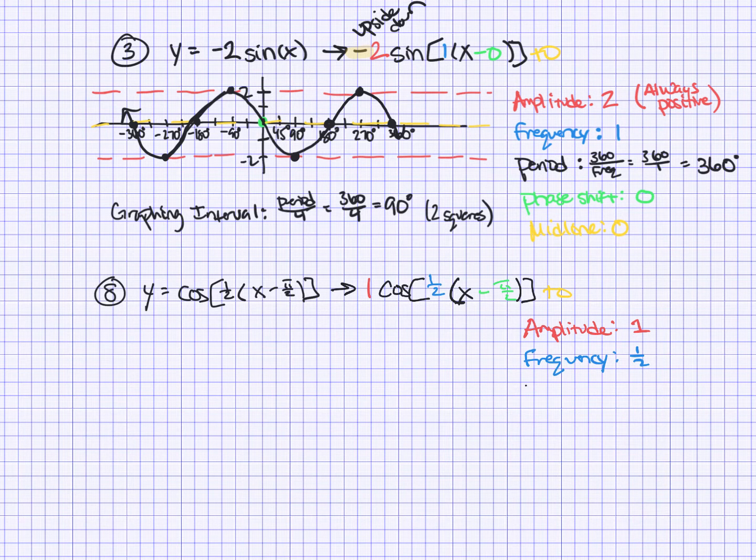So when I go through and I find my period, in this case, I'm going to go back to dealing with radians because when I look at this phase shift, I can see that has a pi in it. So now I'm going to do 2 pi divided by my frequency of 1/2, which is the same thing as 2 pi times 2, or 4 pi. So now it takes 4 pi to go through one full cycle. It means it's kind of been stretched out horizontally.